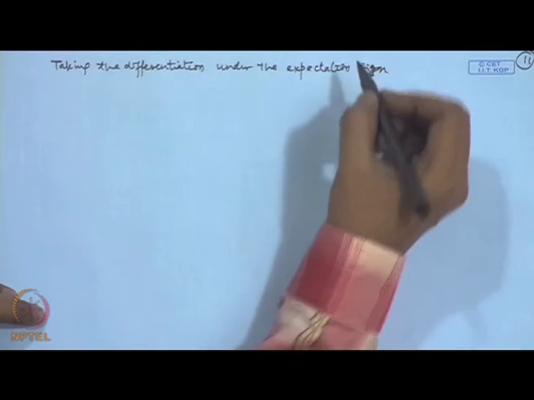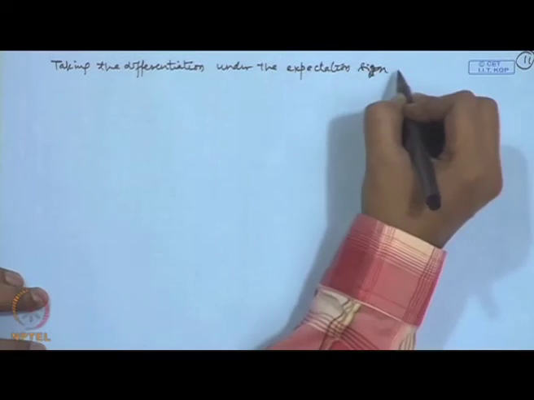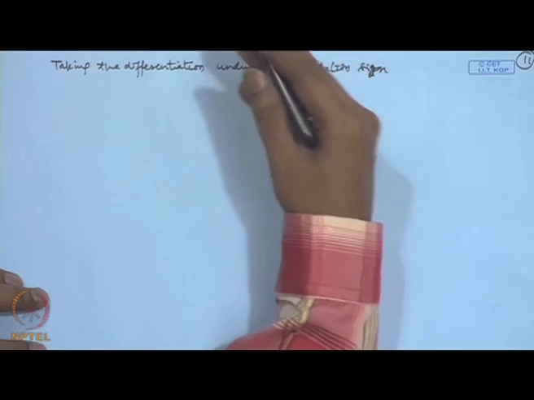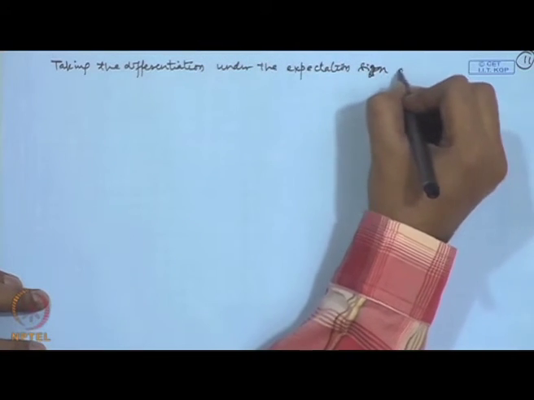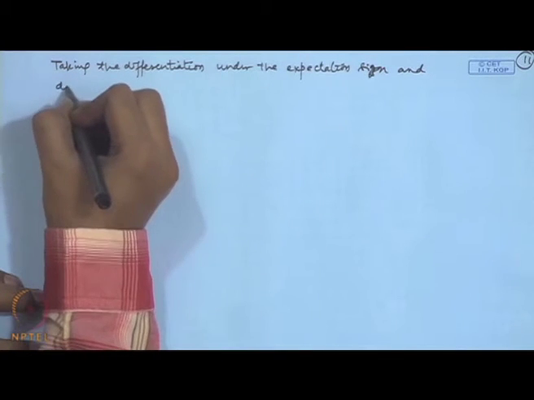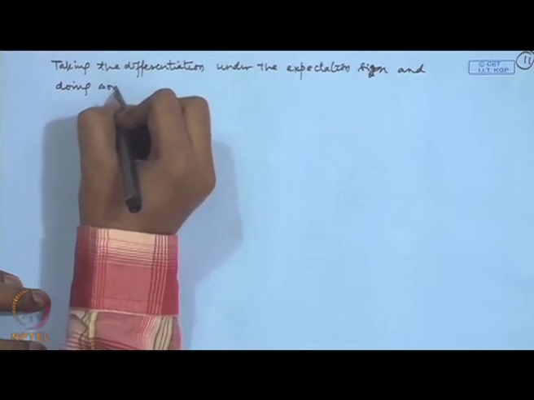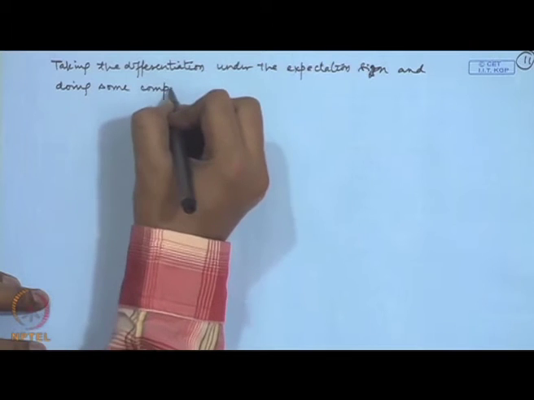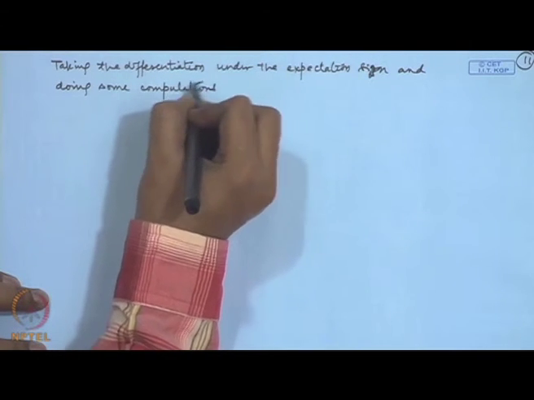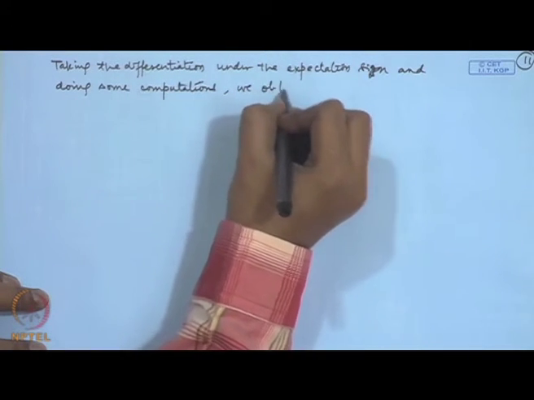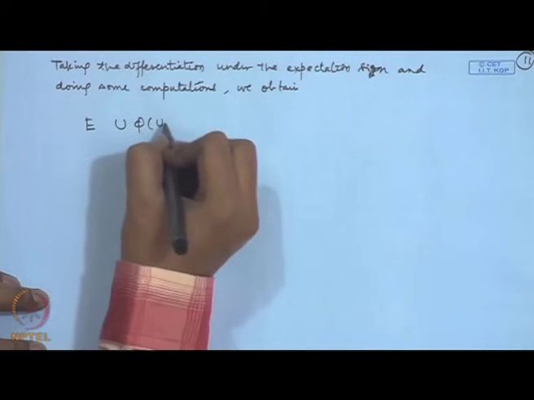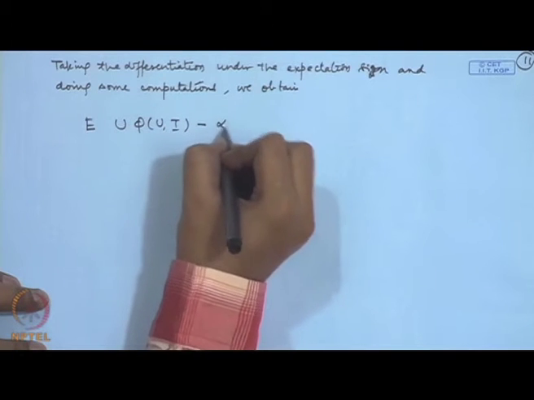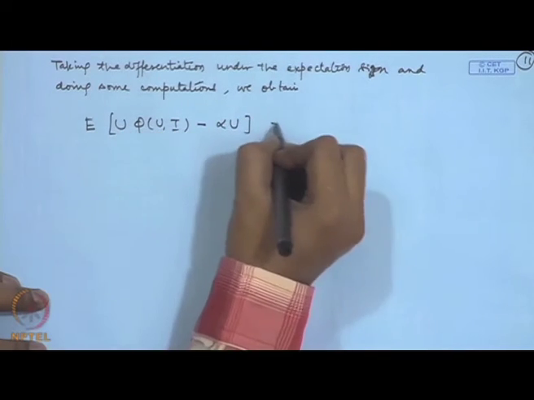And then what we do, we carry out a little bit of calculation. Doing some computations, we obtain expectation of u phi u t minus alpha u is equal to 0.